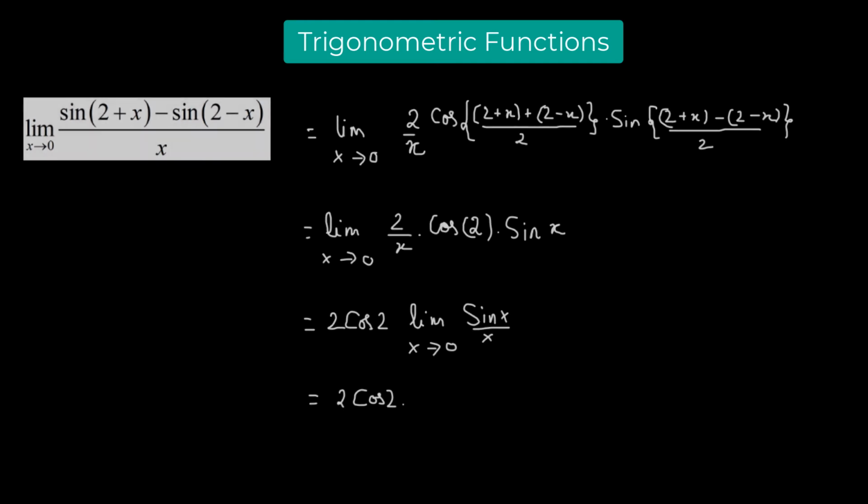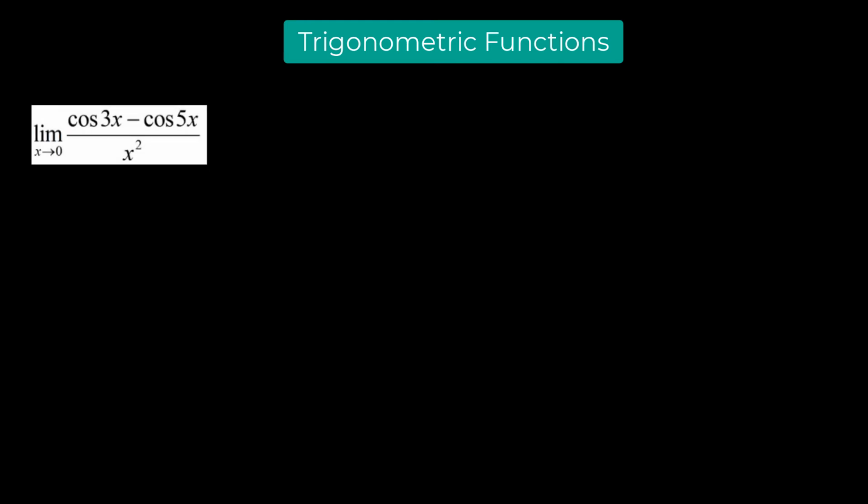Let us do another problem. So here we have the function (cos 3x minus cos 5x) over x squared. So let us apply cos A minus cos B is given by −2 times sin of (A plus B) over 2 times sin of (A minus B) over 2.